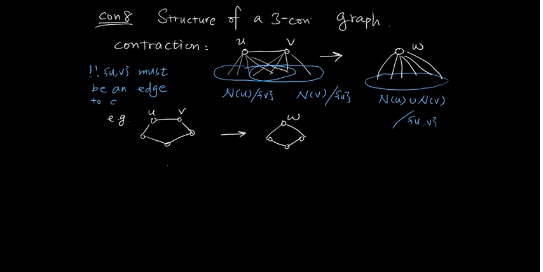And in fact, if we call this graph G, well, C5, then the contraction is called C5 quotient UV. This is the notation. We say G quotient an edge means the contraction.